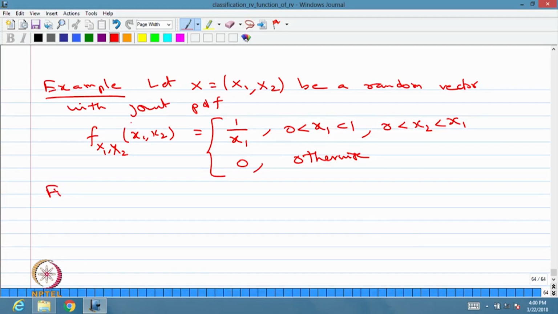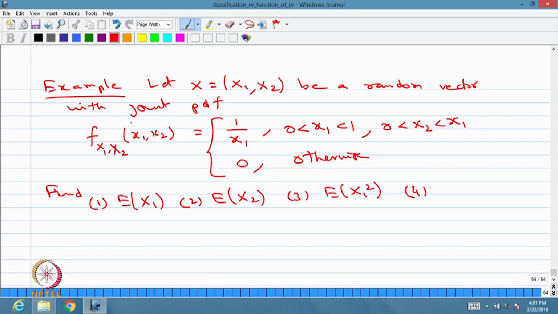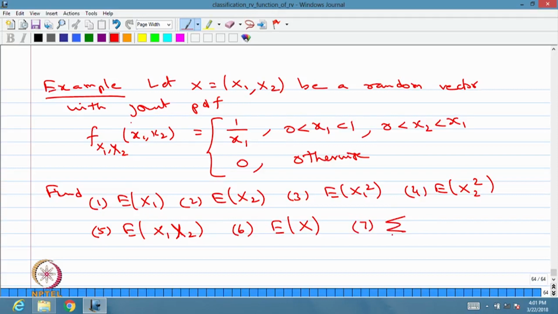Let us find expectation of x1, then we will go for finding expectation of x2, then expectation of x1 square, then expectation of x2 square, then expectation of x1 x2, then expected value of the vector X. We can find out what is the covariance variance matrix, then verify whether it satisfies A sigma A transpose is greater than or equal to 0.